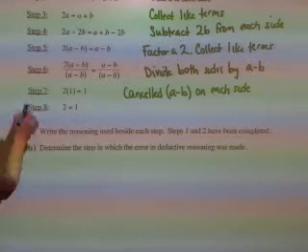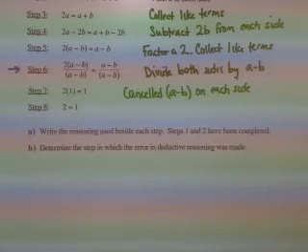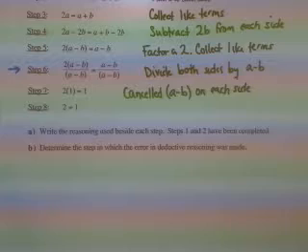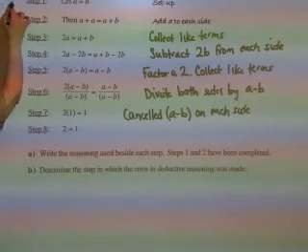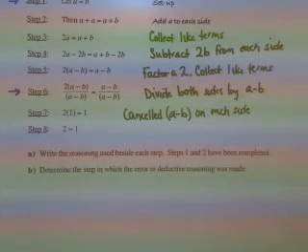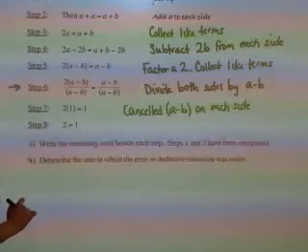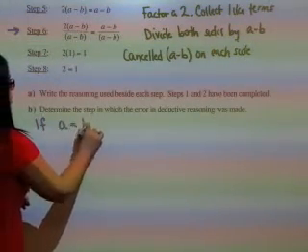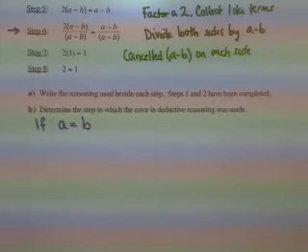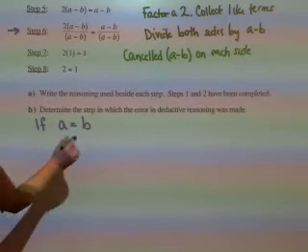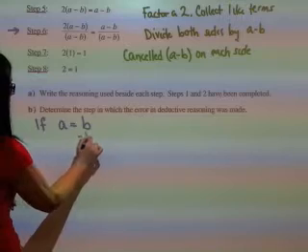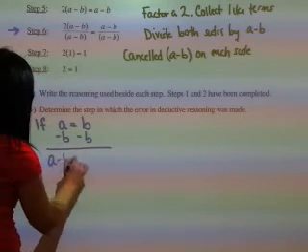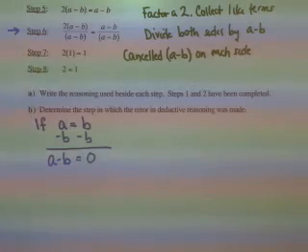And that was right here, when I divided by A minus B. Because what I have to remember up at the top is I said that A is equal to B. So if A equals B, and I get rid of the B here by subtraction, I get A minus B equals 0.